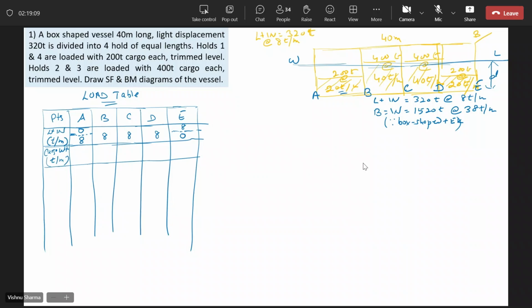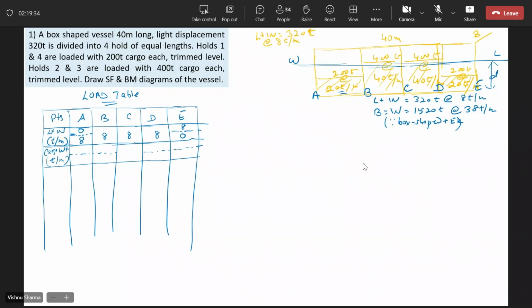Point B, different. C, same. D different, E different. So wherever it is different, we'll divide it into two parts. One will be the left side, other will be the right side. So A, it is different. B, it is different. C, it is same. So C, we have not divided.